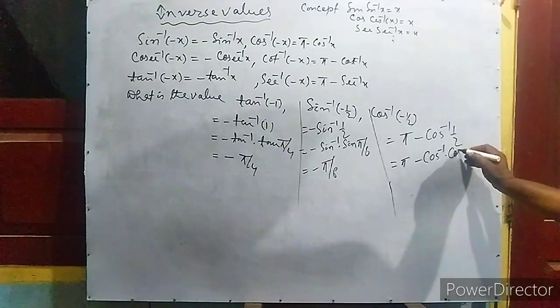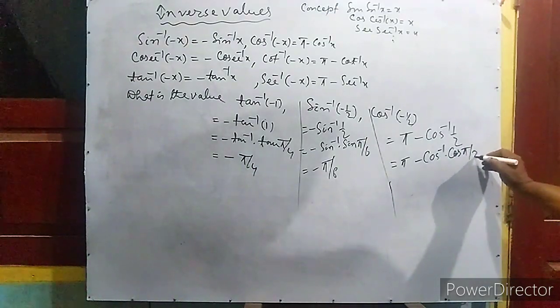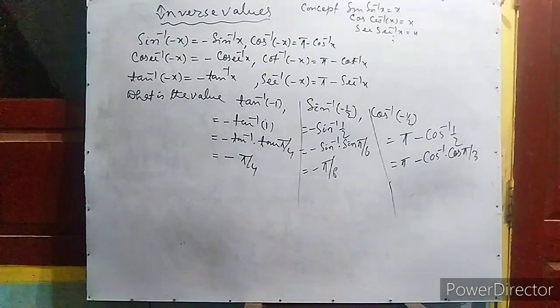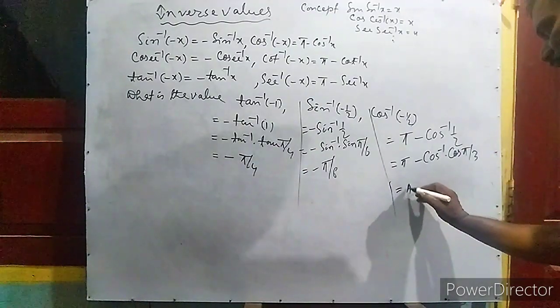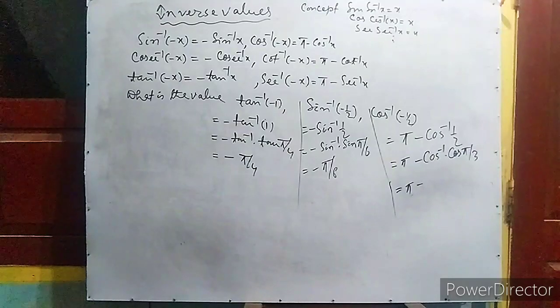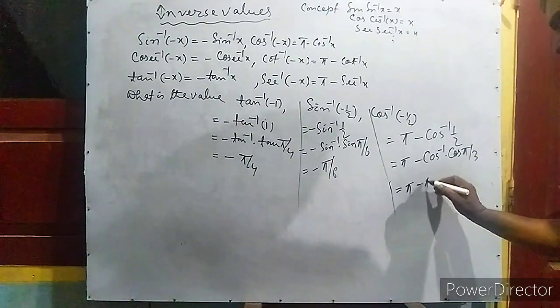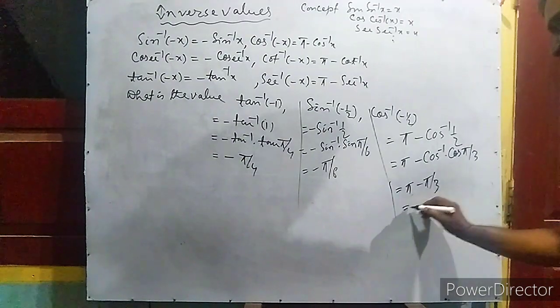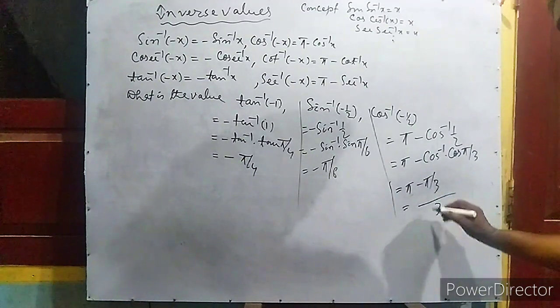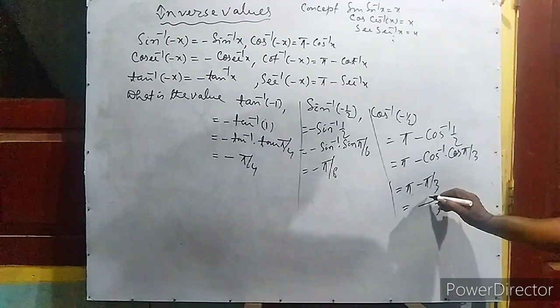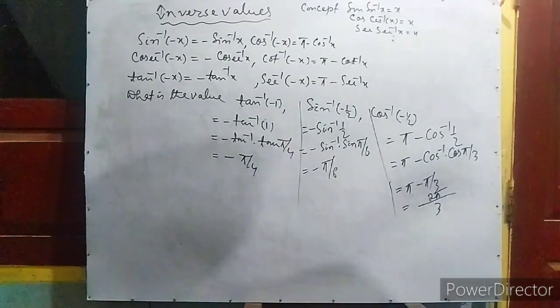Cos 60 is 1 by 2, so you write cos pi by 3, where pi by 3 means 60 degrees. So you write pi minus cos inverse cos pi by 3. The cos inverse cos will cancel, and you get pi minus pi by 3. Here the LCM is 3, so it is 3 pi minus pi over 3, which gives 2 pi by 3. This is the format in which we can find the value of inverses.